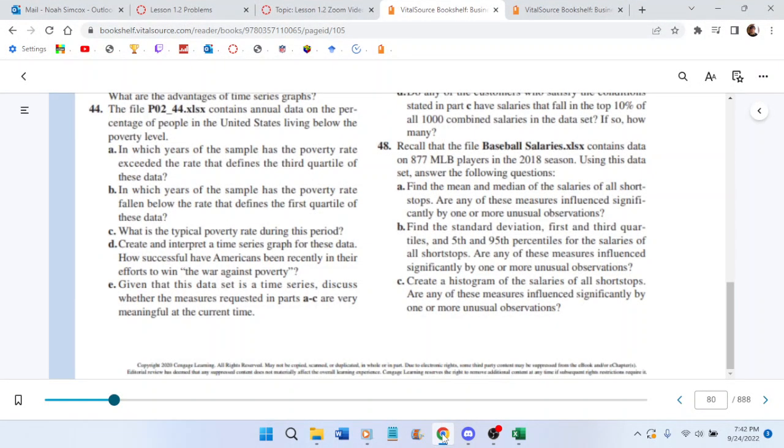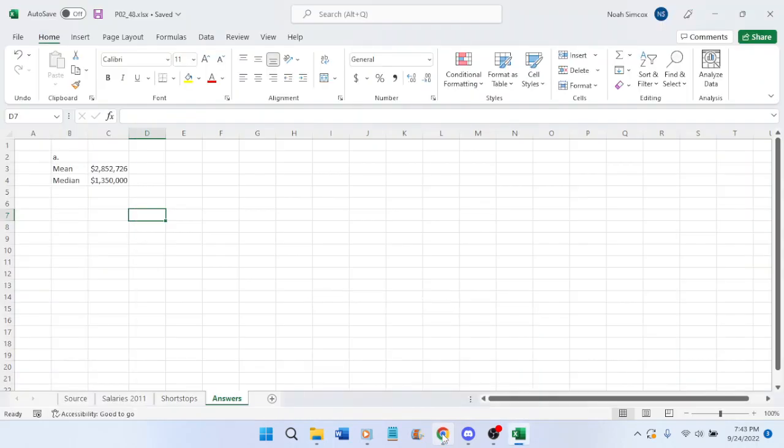Are any of these measures influenced by one or more? What? Oh, come on. You want us to figure out... Well, obviously the mean is probably way higher because of a few very, very high salaries. That's probably what it is. So I'm just going to say that's the answer for now.